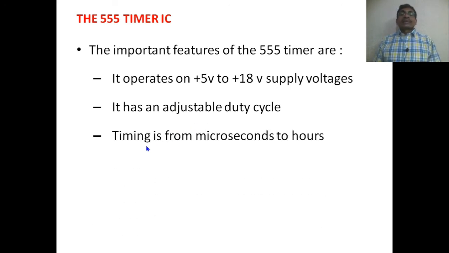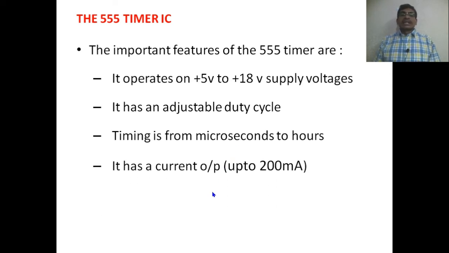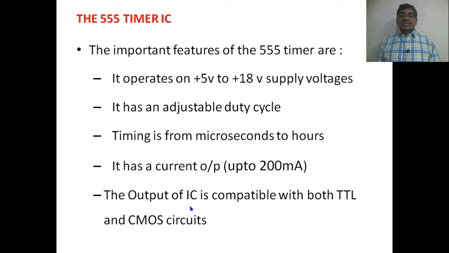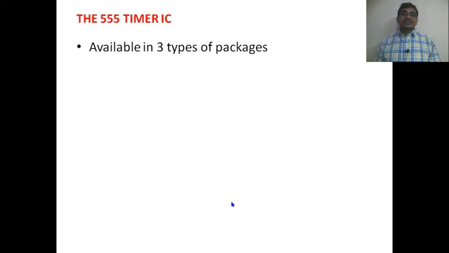The timing is from microseconds to hours, by just attaching different components externally. It has a current output up to 200 milliamperes. The output of the IC is compatible with both transistor logic and CMOS logic, so both logic outputs can be obtained from this IC.